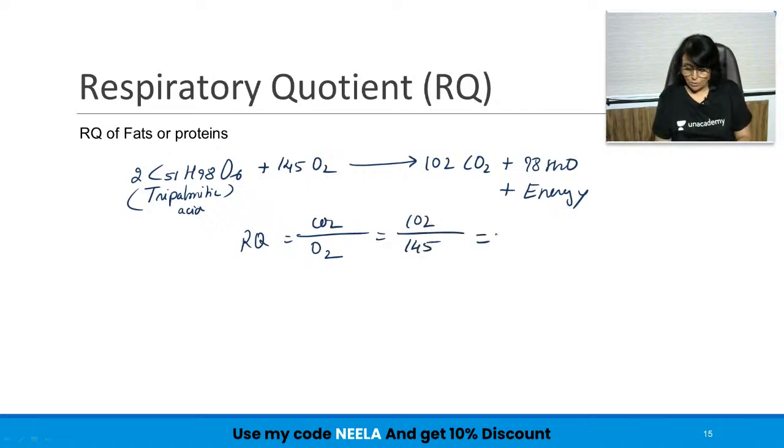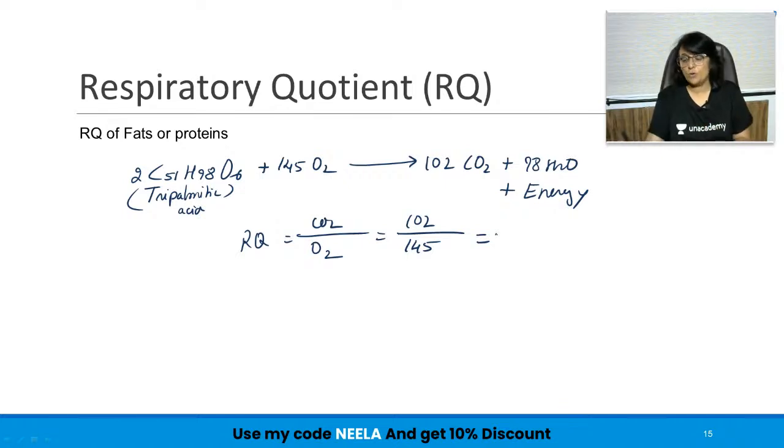What is going to be your answer? Is it going to be 1? Is it going to be more than 1? Is it going to be less than 1? See here, it is not asked that it is 0.7, 0.8, 0.9 or 1.5, 1.6. They just want to know whether it is 1, more than 1, less than 1. What is the answer?